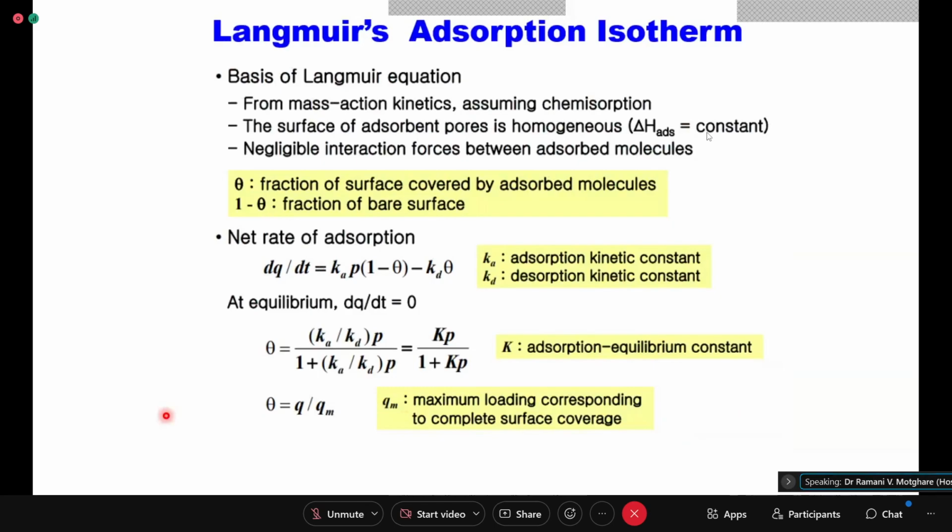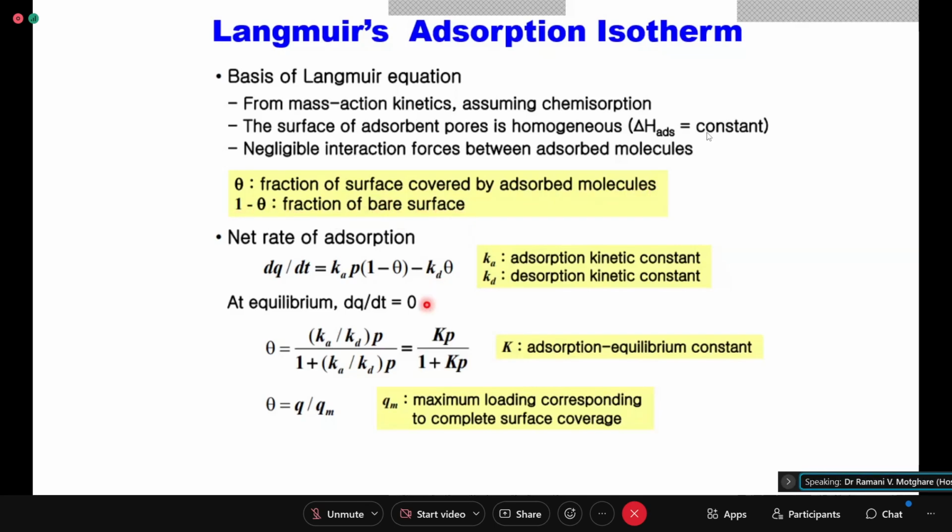So the basis of the Langmuir equation is mass action kinetics, assuming chemisorption, and the surface of the adsorbent pores is homogeneous. Negligible interaction forces between adsorbed molecules were considered. Theta is the fraction of surface covered by adsorbed molecules, and 1 minus theta is the fraction of bare surface.